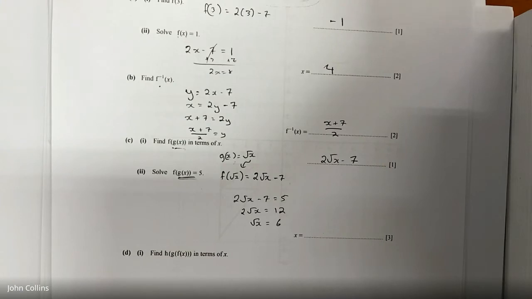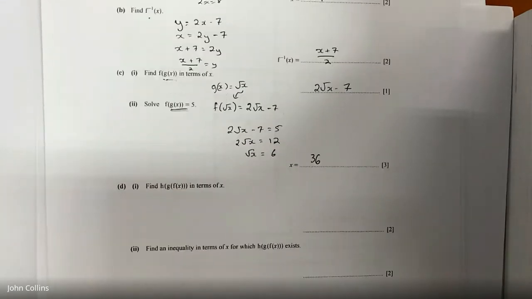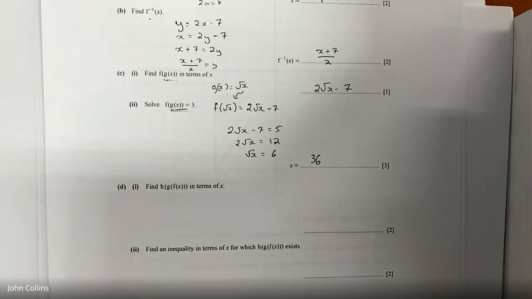The square root of 17 is 6. 36. The square root of 36 is 6. 6 squared is 36, yes. Now I get it. It's definitely not 2 anyway.